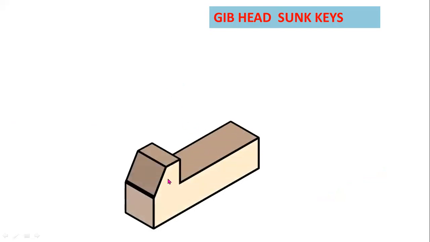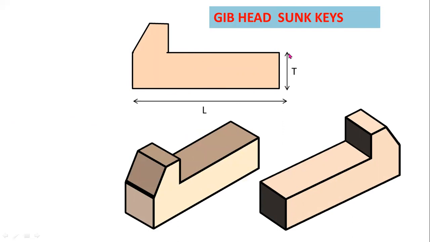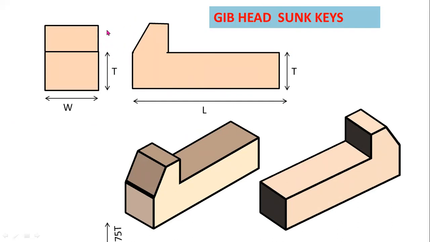Gib head sunk keys. This is the isometric view of a gib head sunk key. This is the front view of a gib head sunk key. These are the dimensions. This one is the depth of the key, and this one is the length of the key. Here the total height of the head is 0.75 t.